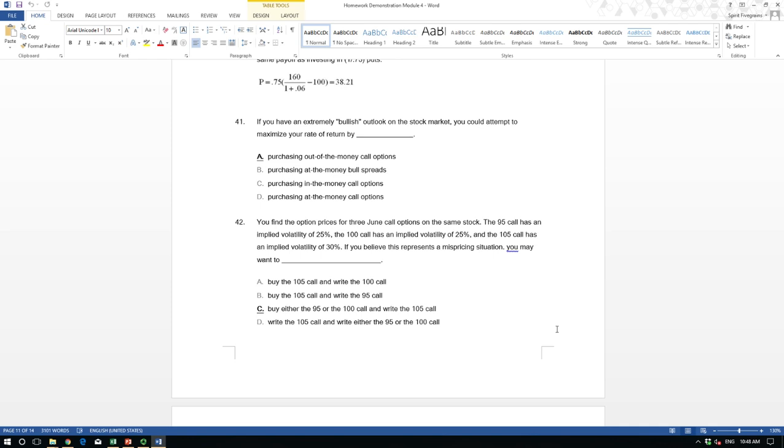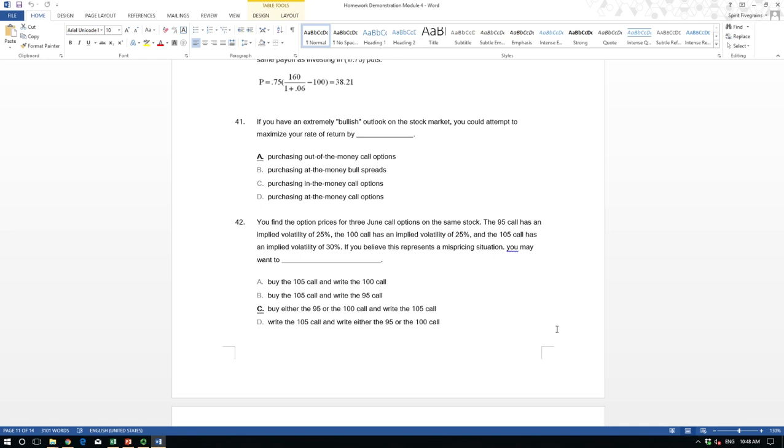Here you have 3 call options on the same stock, and the 3 options should have the exact same implied volatility. However, on the market options may be misvalued. In this case, the call option with the 105 exercise price has higher volatility than the options with exercise prices $95 and $100.